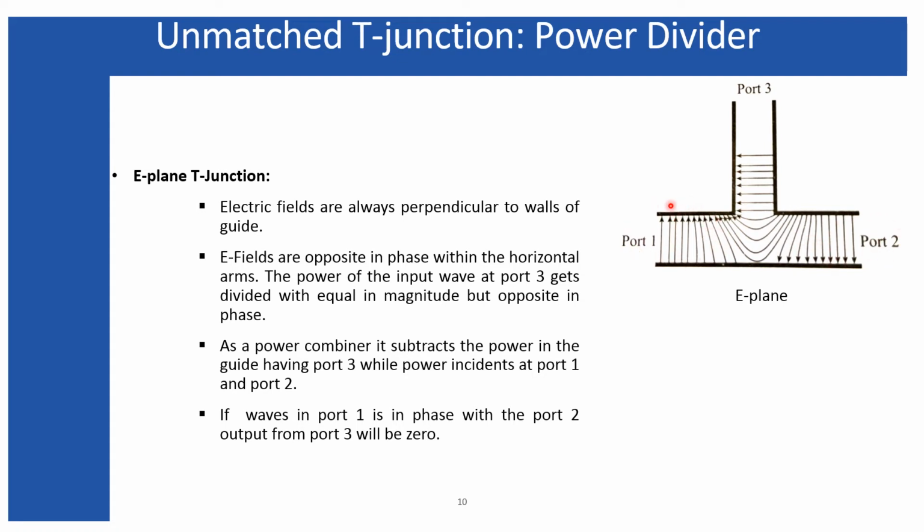Therefore, when you are exciting port 1 and port 2 with waves having the same phase, the power you will get from port 3 is 0, because this waveguide delivers the subtracted version of the power available in port 1 and port 2.